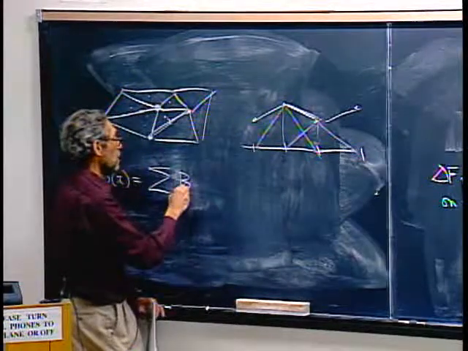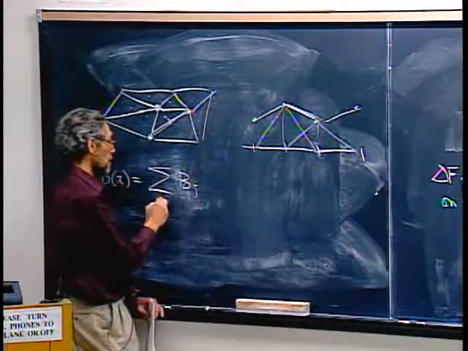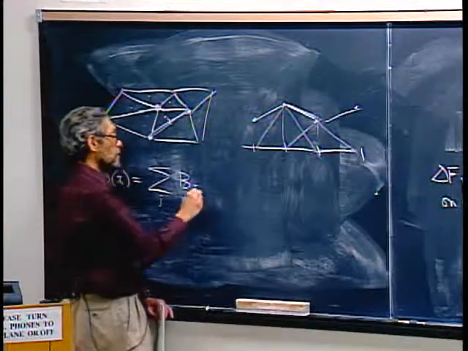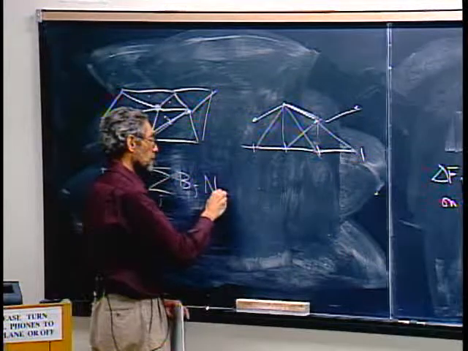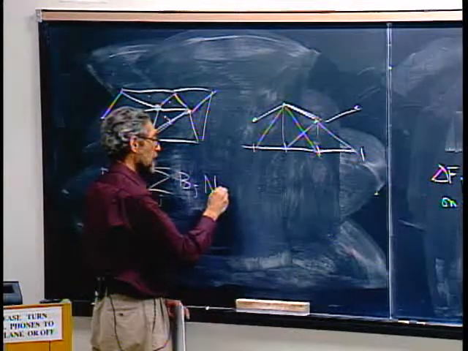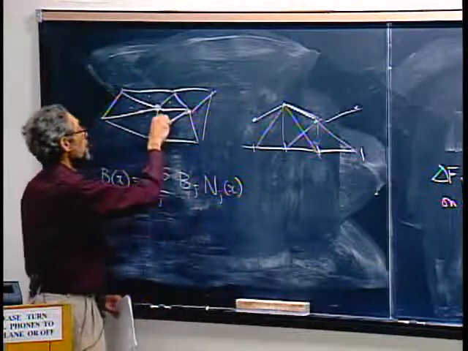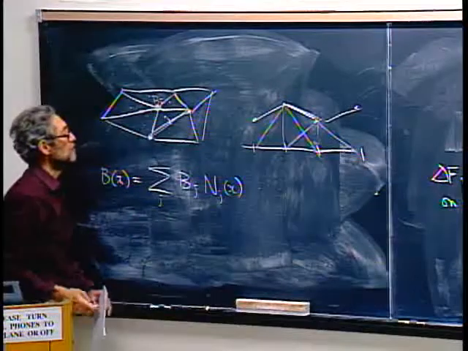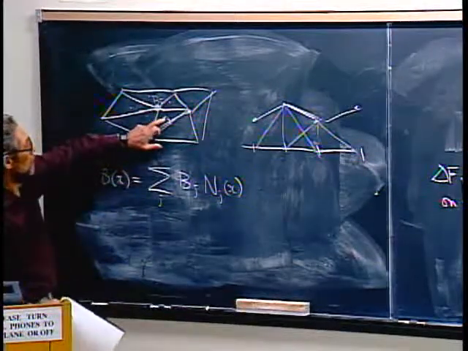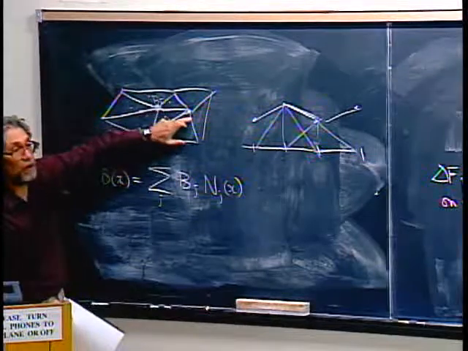So our weights are going to be the bj at the vertices, and this is going to be the sum over the vertices of a piecewise linear function nj of x, where, if this is bj, nj of x is the function which is 1 at this vertex and 0 at these other vertices.